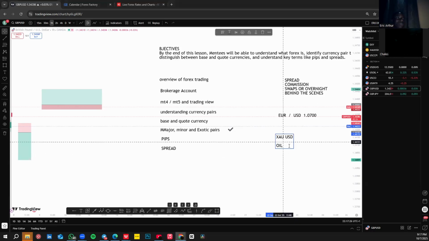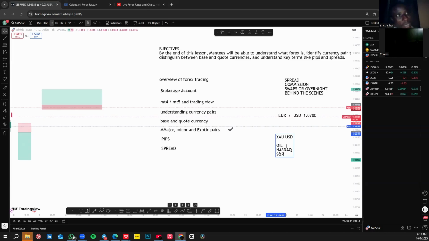When it comes to XAU USD, I think it is two: the one that is paired with the dollar, and the other one paired with, I think, Asian something. Every pair that you see here is paired with different currencies.